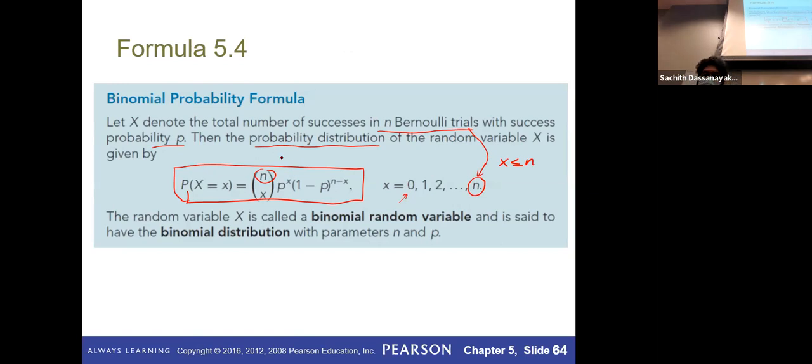So we call X a binomial random variable, or simply a binomial distribution with parameters n and p, because we have only the parameters n and p. We know the value of x, the number of successes. So we call this the binomial distribution.